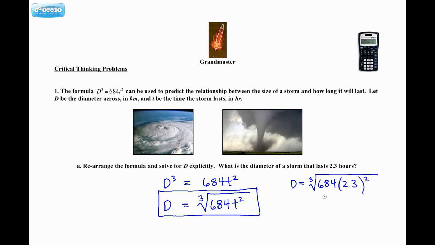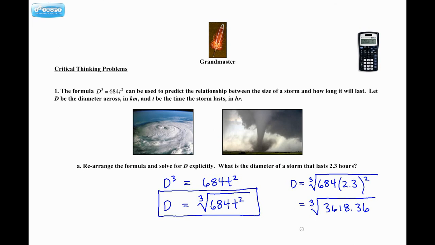So with my calculator, I'm just going to work this number out and then take the cube root. Okay, so 684 times 2.3 squared equals 3618.36.